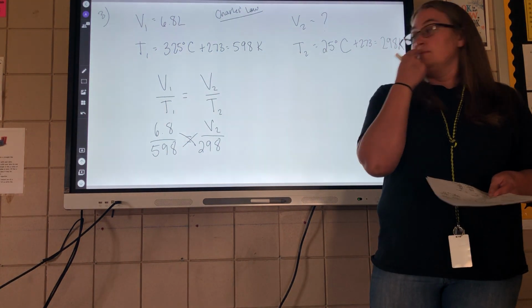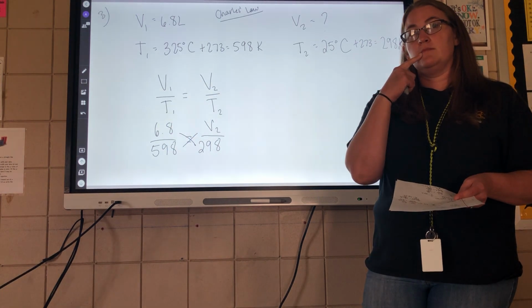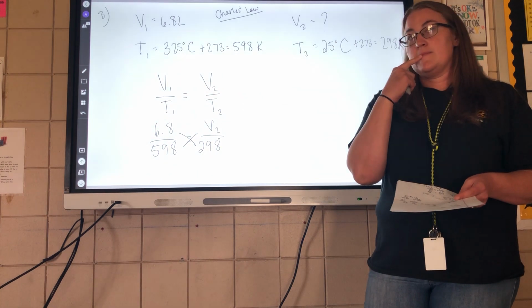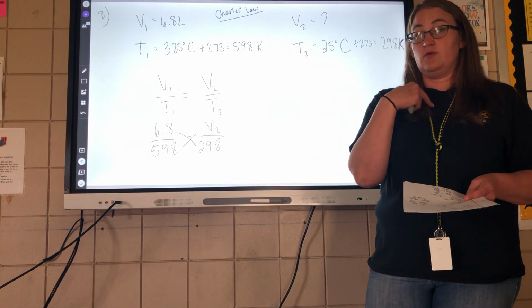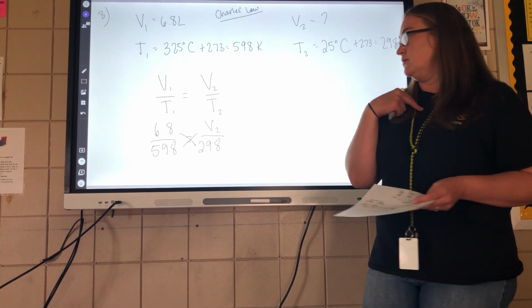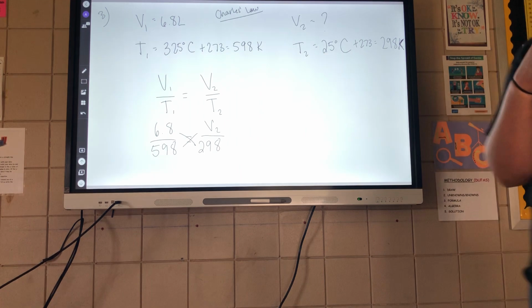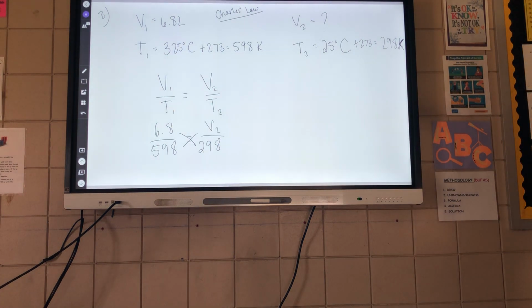Could you just multiply the bottom and then bring the 6.8 over and divide it down? Multiply 598 times 298 and then bring the 6.8 over and divide by whatever you get. You got to cross them.